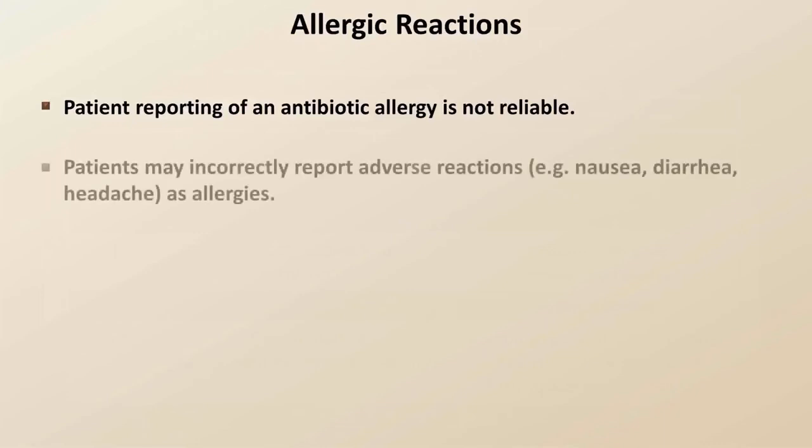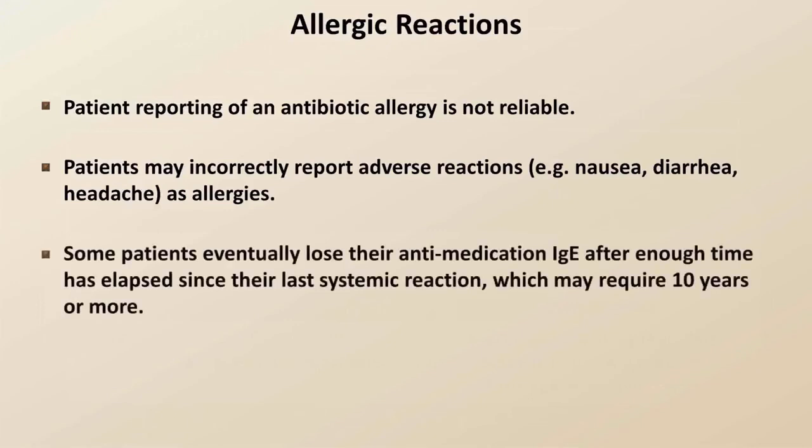One reason for this is that patients may incorrectly report adverse reactions, such as nausea, diarrhea, and headache, as allergies. And some patients eventually lose their anti-medication IgE after enough time has elapsed since their last systemic reaction, which may require 10 years or more.